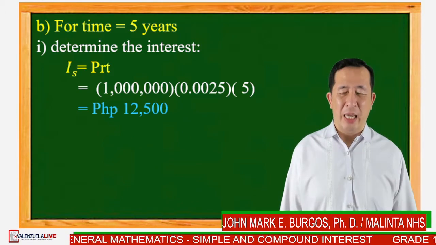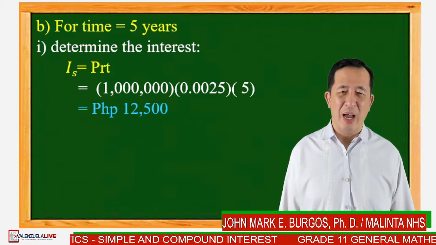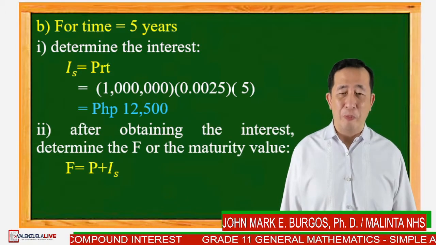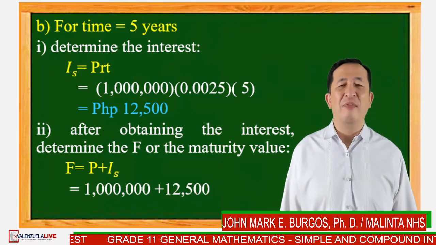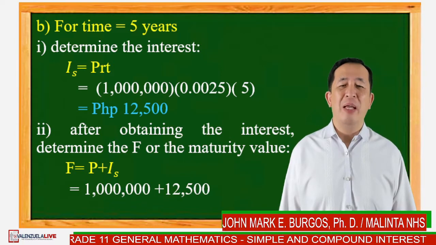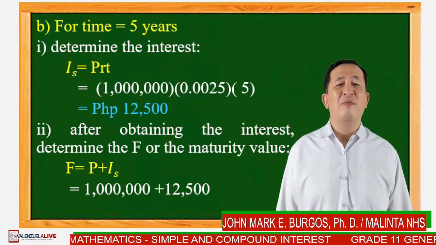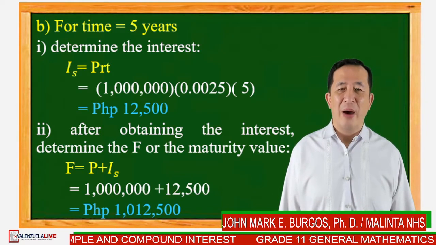After obtaining the interest, again, we have to determine the F, or the maturity value. So we use the formula F is equal to P plus I, or substituting the value, we have 1 million pesos plus 12,500. The maturity value will be 1,012,500 pesos.